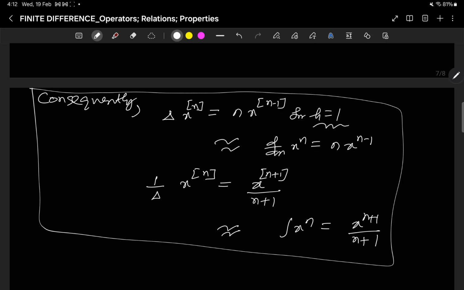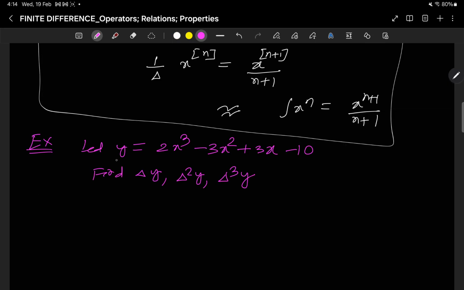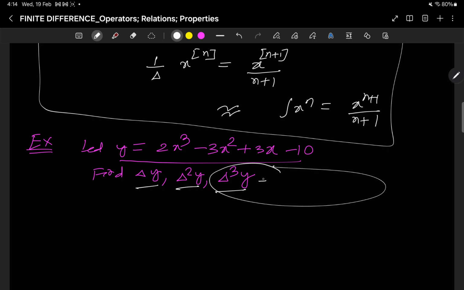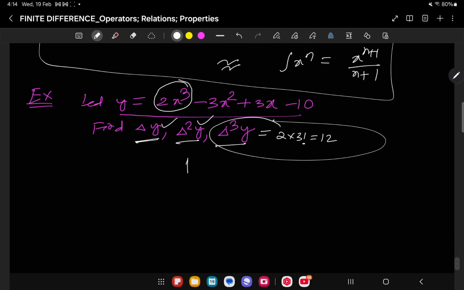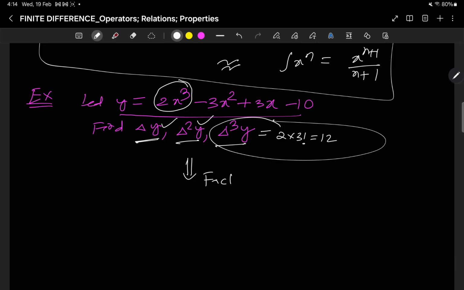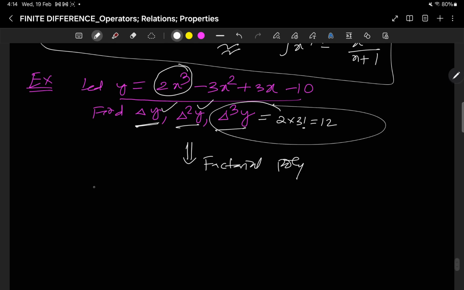Now we should have some further examples. Coming to one example, if y is equal to this, you are asked to find del y, del square y, del cube y. Del cube y is quite simple, it is simply the derivative of this 3 times, which is 2 into 3 factorial, that is 12. But the others are different, for which we need the factorial polynomial. You see the polynomial here: y is equal to 2 times x into x minus 1 into x minus 2, where h is 1.